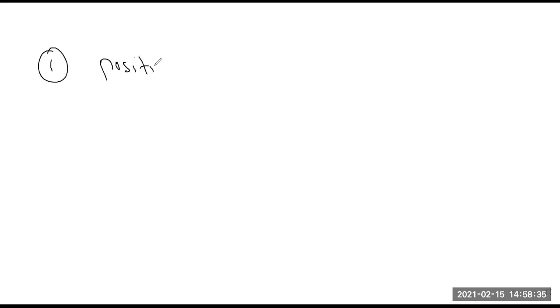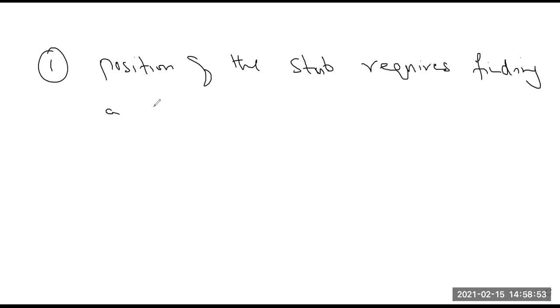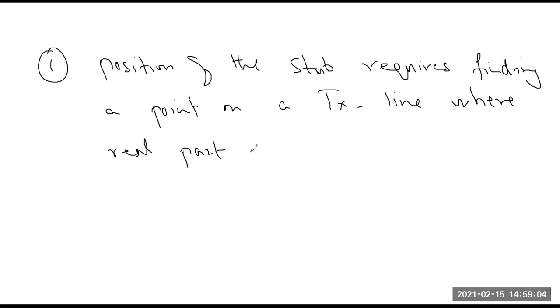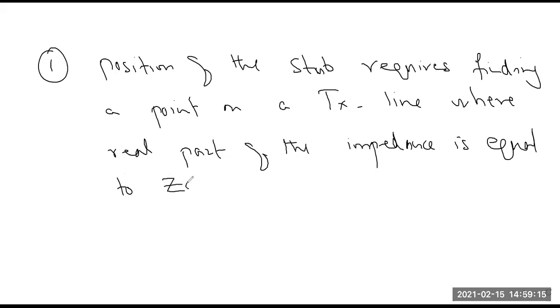Position of the stub requires finding a point on a transmission line where the real part of the impedance is equal to Z0.